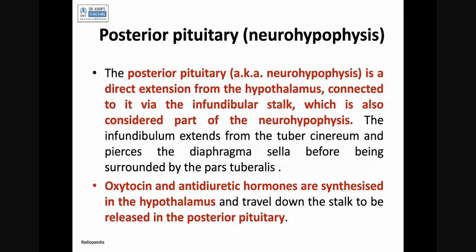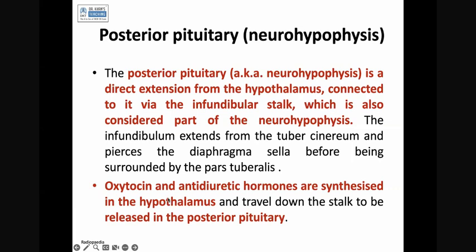So a few concepts. This is from Radiopaedia, so you can read it there. The posterior pituitary is also known as neurohypophysis. Please remember, it is a direct extension from the hypothalamus. So it is CNS tissue connected via the infundibular stalk, which is also considered part of the neurohypophysis.